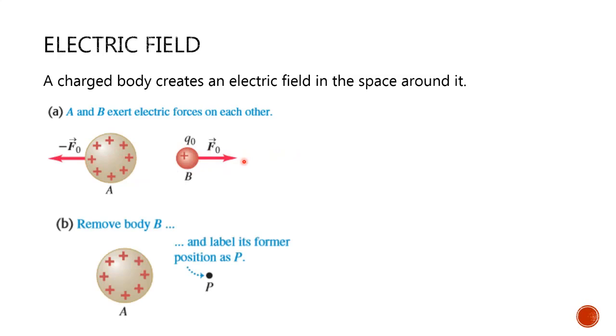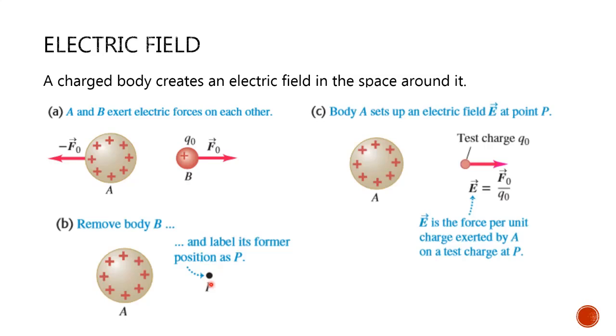We'll know that there is something around a charged body because if we remove B and label its former position as P, there would be something happening here. Of course, they observed that using some instruments many years ago in an experiment.